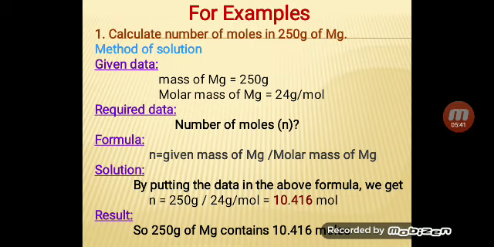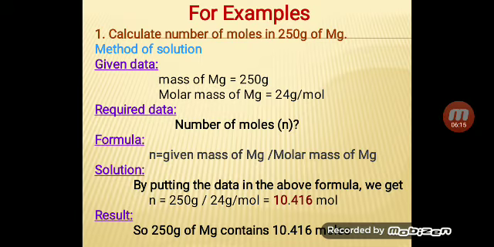For example, first example is calculate number of moles in 250 gram of magnesium. If we have 250 gram of magnesium, then how many total moles will be in these 250 gram? Method of solution. Given data: mass of magnesium 250 gram, molar mass of magnesium 24 gram per mole.